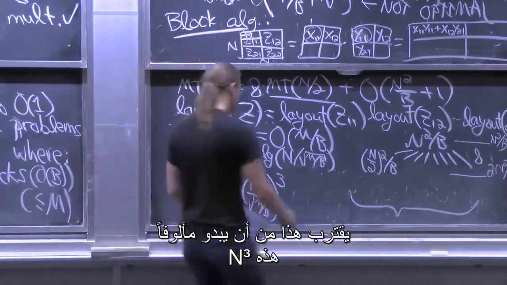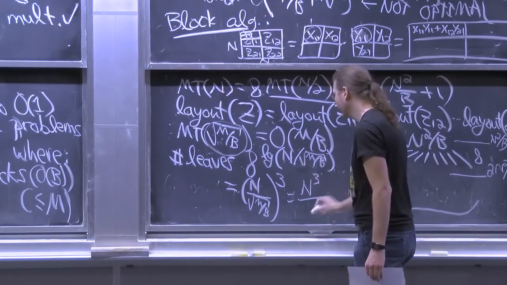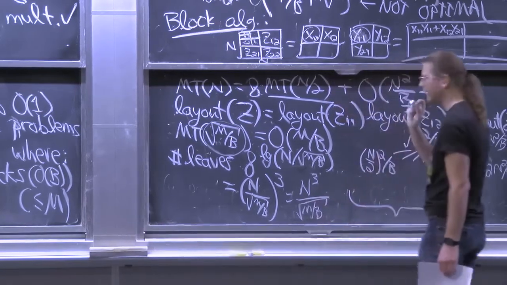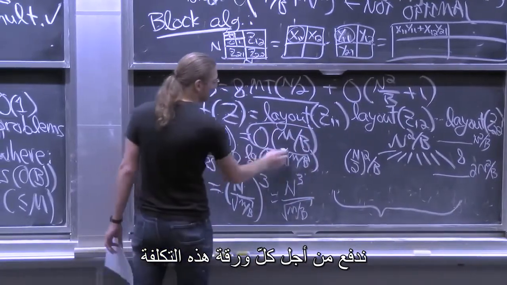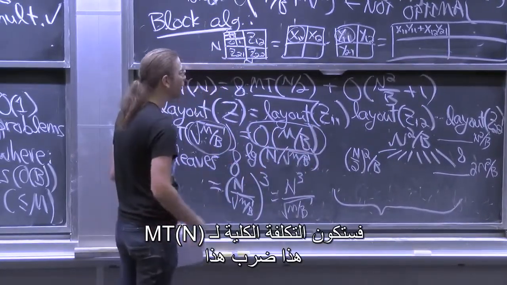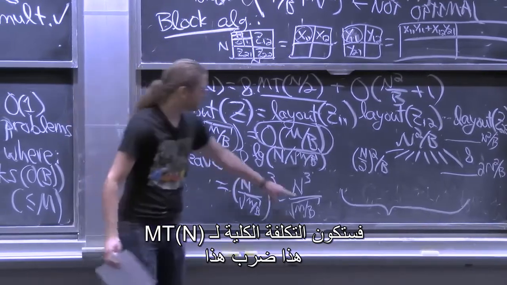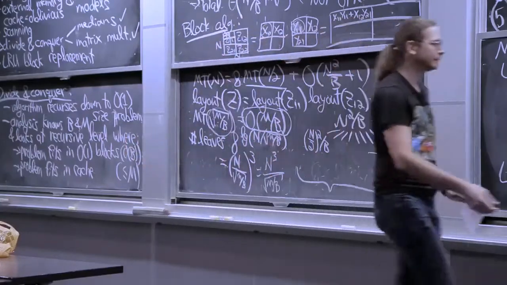This is n cubed, that should appear somewhere, divided by square root of M over B. This is the number of leaves. Now, for each leaf, we're paying this cost. So the overall cost of MT of n is going to be this times this. So let's do that and simplify.